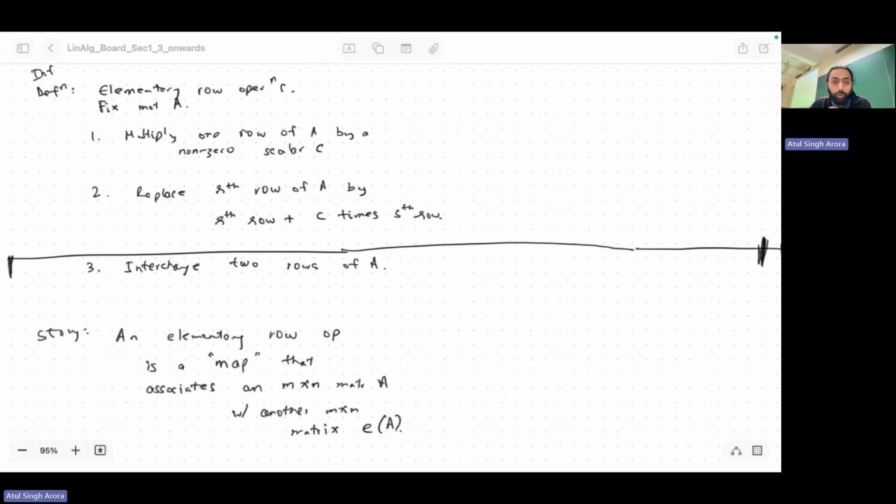So that's the elementary operation. It is a map E that does this. Is that okay?